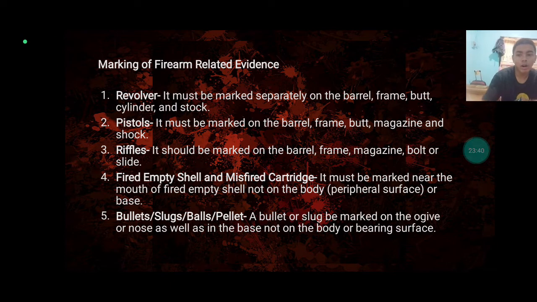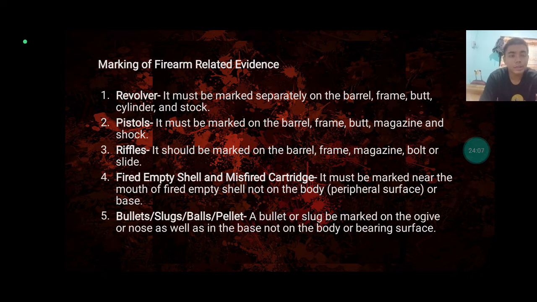Note that not all evidence can be marked due to its physical nature, such as blood, semen, hair, fiber, and the like. Hence, they should be properly stored, tagged, and labeled. Marking of evidence is most likely applicable only to objects or tools found at the crime scene.